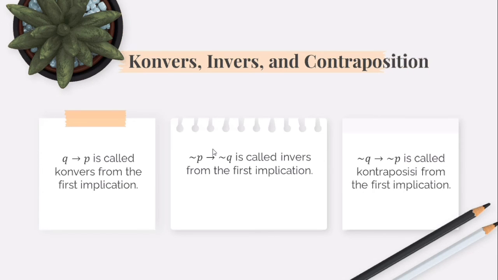Third, if not q then not p is called the contraposition of the implication. Example: the negation of 5 plus 2 equals 8 and my brother has an upgrade class is 5 plus 2 is not equal to 8, or my brother has no upgrade class.